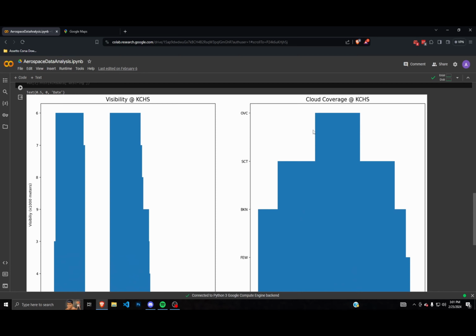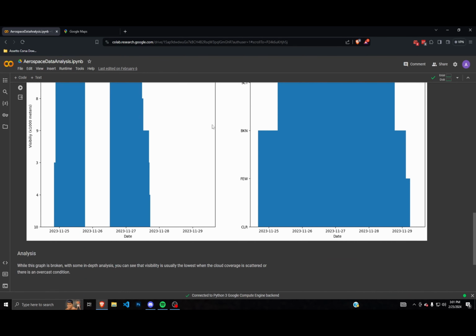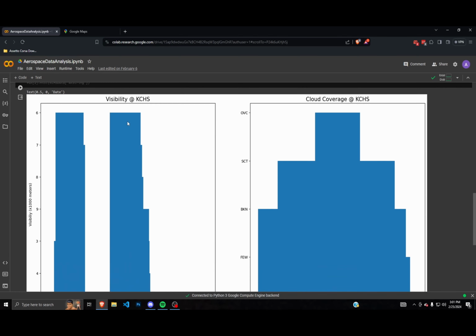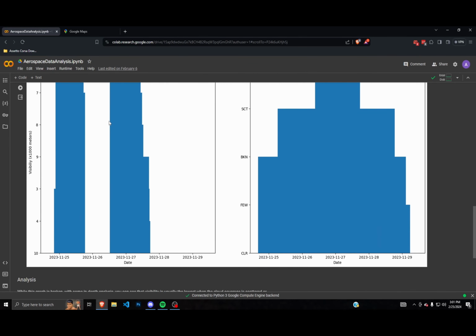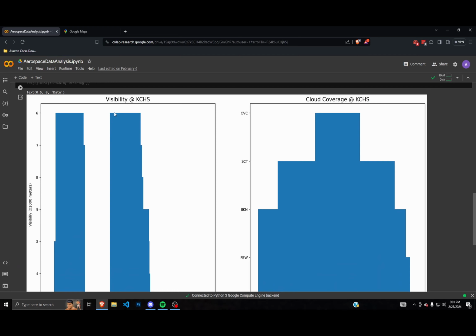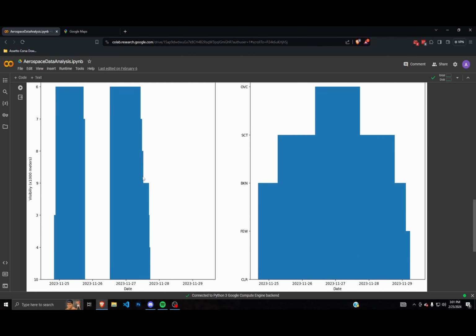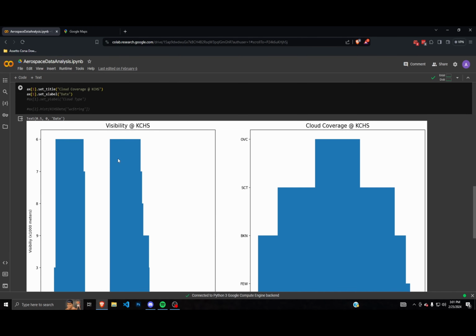And what we'll notice is whenever the cloud coverage is at overcast, the visibility here tends to be around 6,000 meters, and that's interesting, right? Because the visibility is very important when you're flying airplanes. Once again, it determines whether you can fly normally or if you need that extra certification to fly through the clouds.